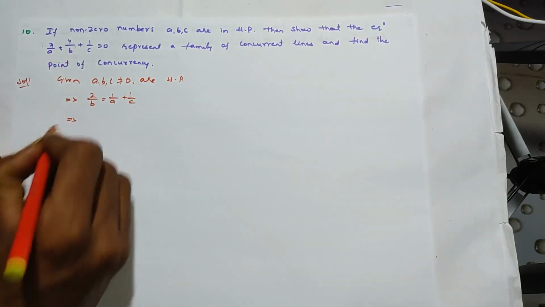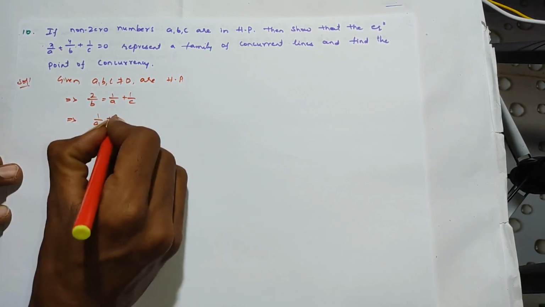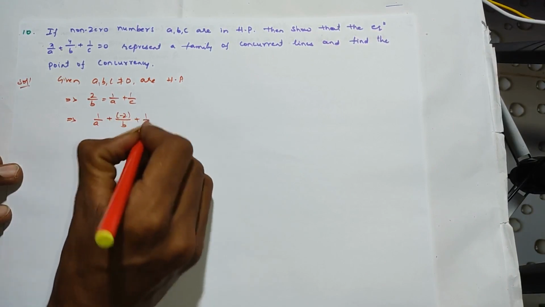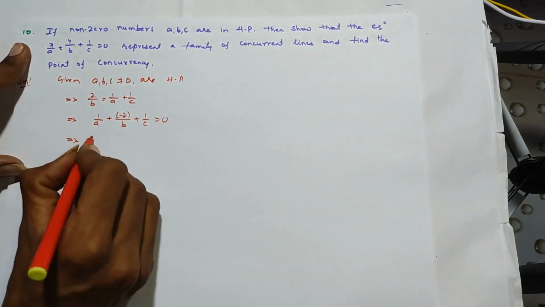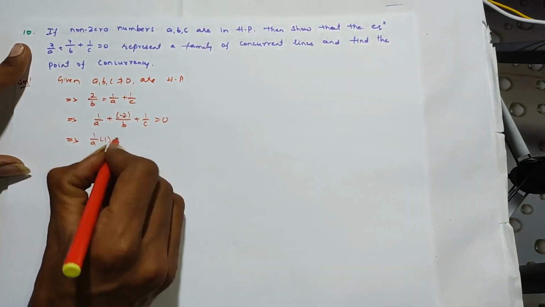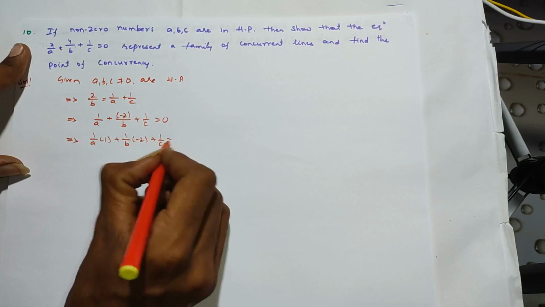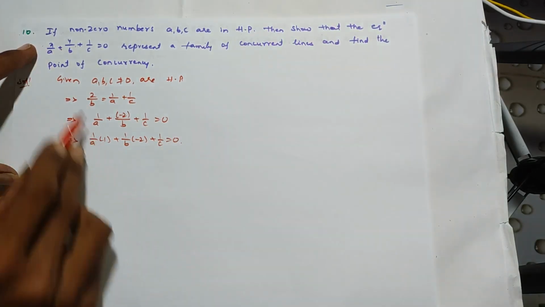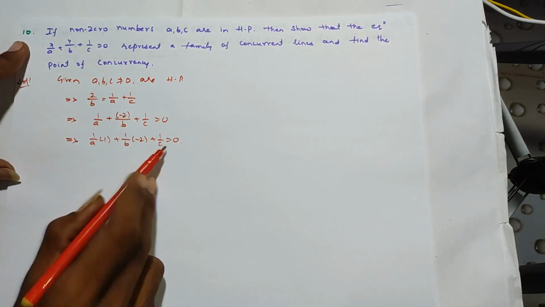So we can write it as 1/a - 2/b + 1/c = 0. It can also be written as (1/a)(1) + (1/b)(-2) + 1/c = 0, which is the same as (1/a)x + (1/b)y + 1/c = 0.